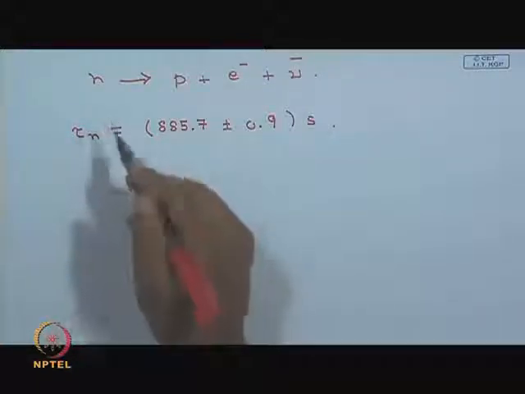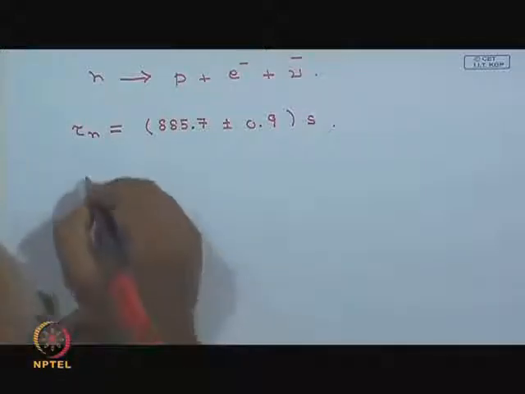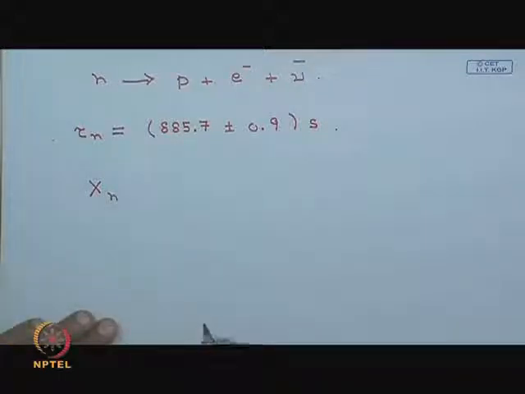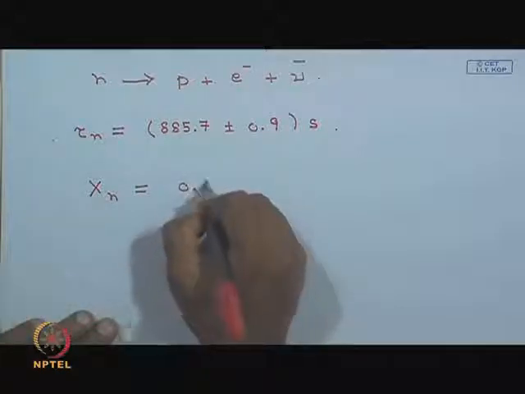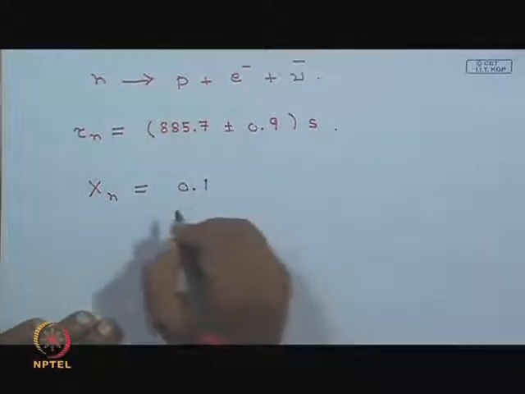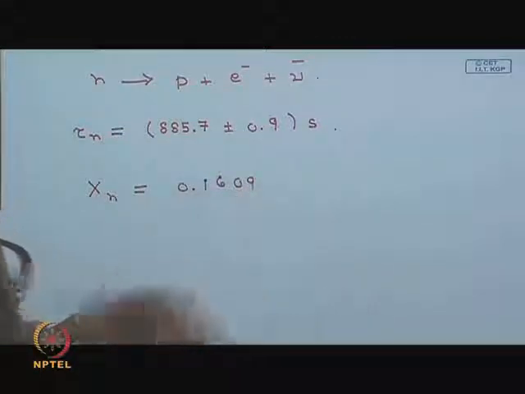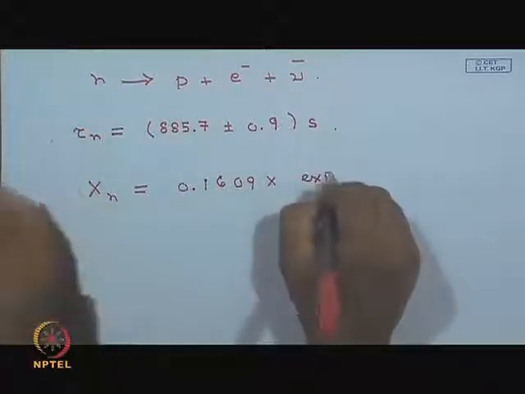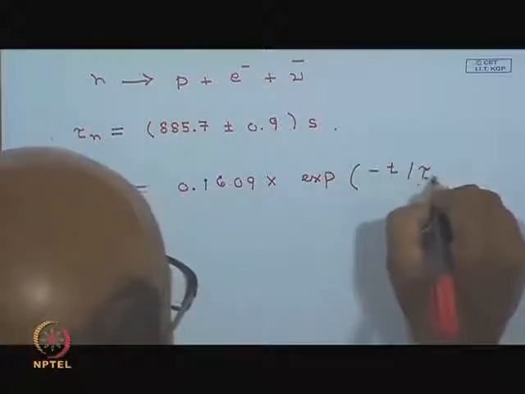So this free neutron essentially decays with this lifetime, and the neutron fraction xn in this epoch can be well described by 0.1609 times exponential of minus tau by tau n.